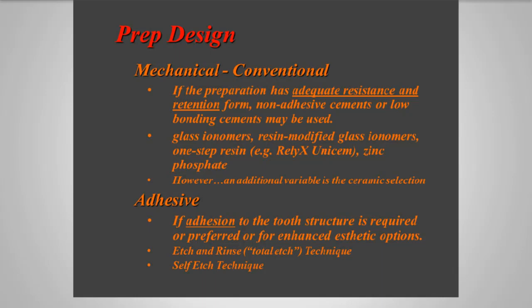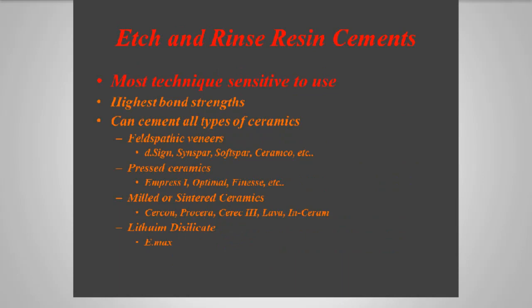A full coverage restoration, you have the option of either system. Just keep in mind etch and rinse cement systems, or total etch with resin cements, are the most technique sensitive to use, just like when doing any other bonded procedure. You get the highest bond strength, and you can cement all types of ceramics with these. But just keep in mind the technique sensitivity issue.